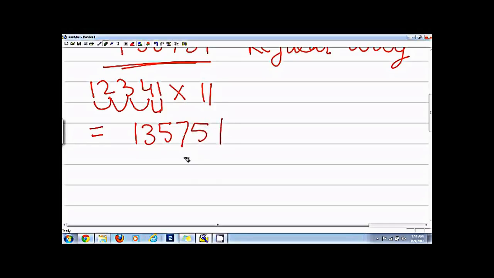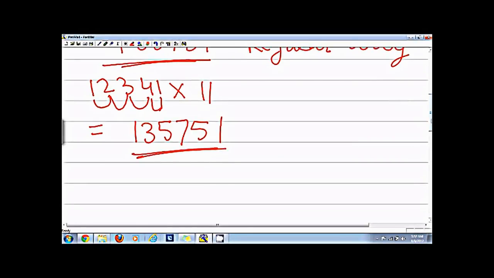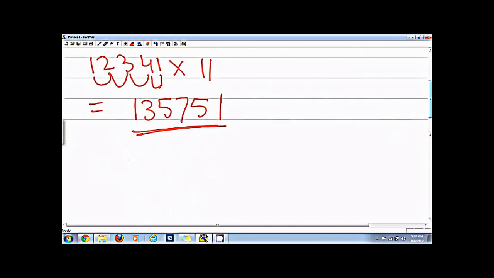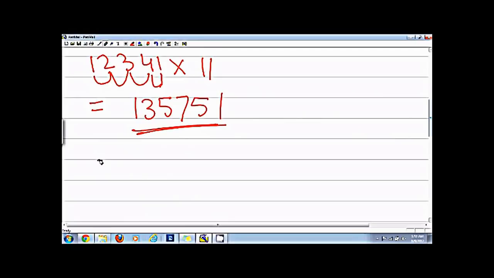So the answer is 135751. This is the answer I had before. In this way we can skip all this writing and solve the problem quickly.